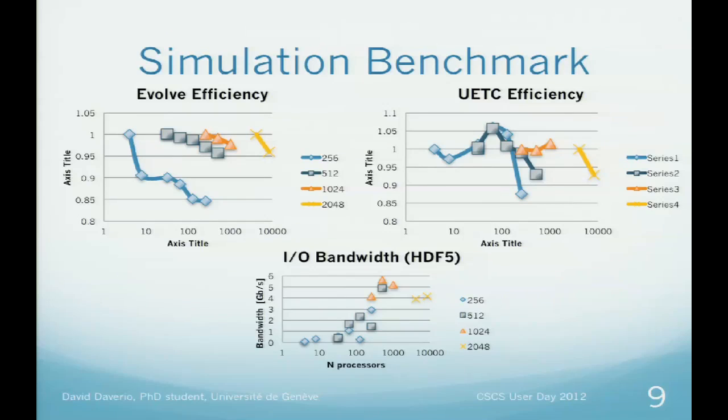And if we look at higher lattices, the efficiency is still, I think, okay. And for the UETC, why we sometimes see an efficiency bigger than 1 is just because the algorithm is really optimized for a large number of cores and large lattices.